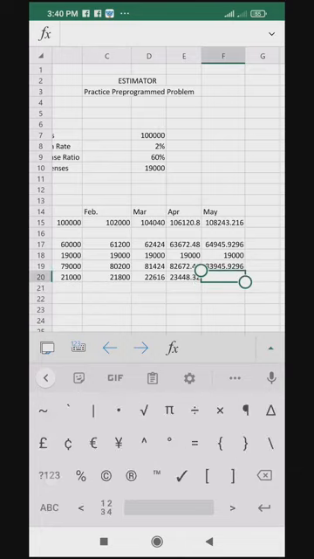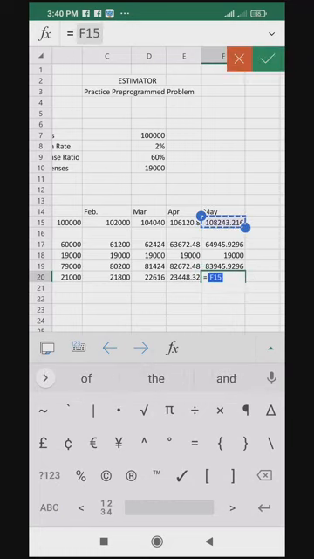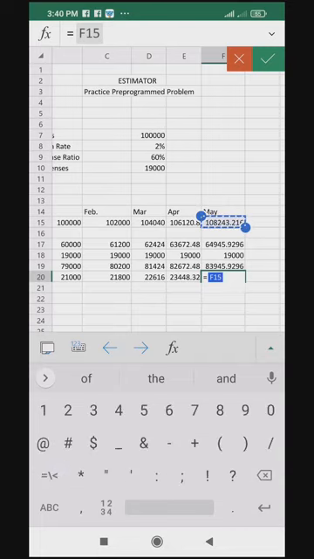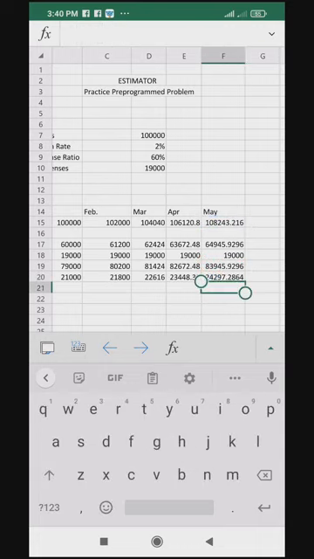And the net income is equal to F15, which is the sales for the month of May, minus the total expenses. So the answer is 24,297.2864.